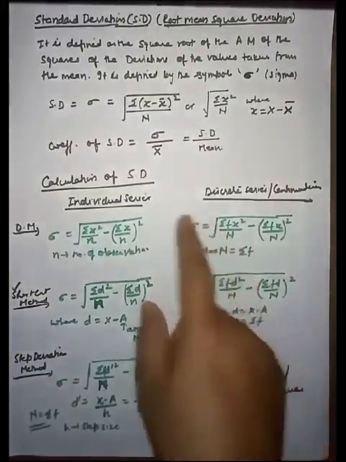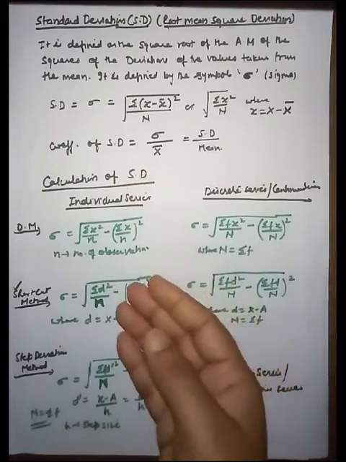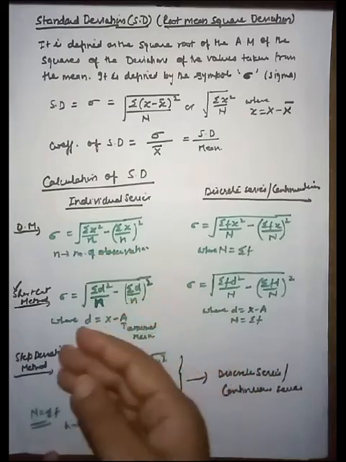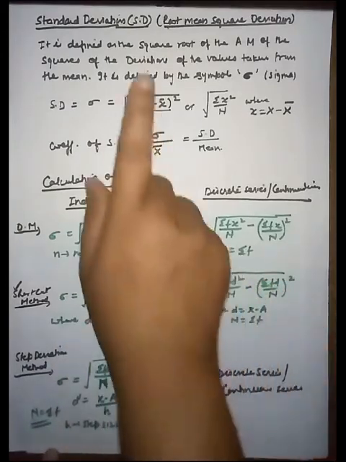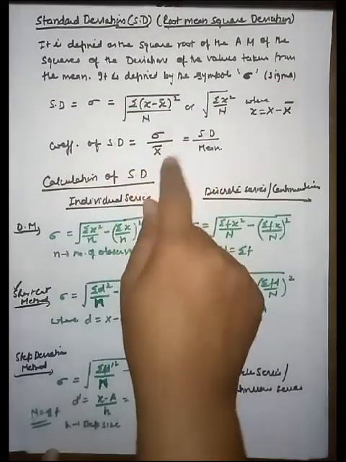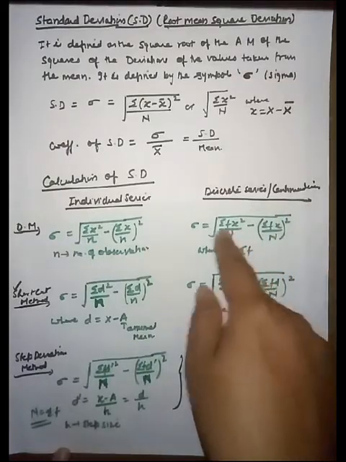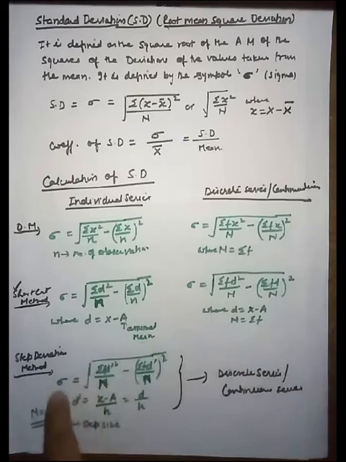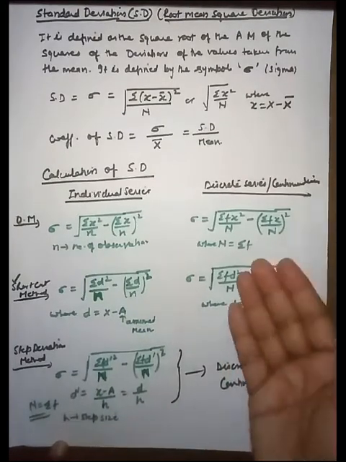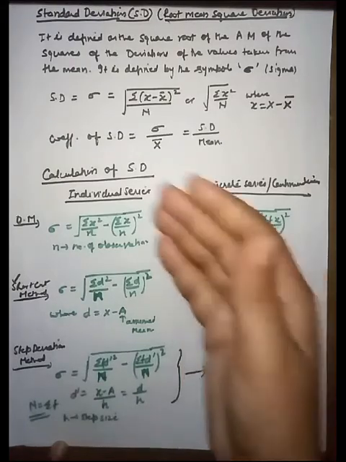So friends, for computing the standard deviation, if the given series is an individual series, you use the direct method or the shortcut method. If a discrete or continuous series is given, you have three methods: direct method, shortcut method, and step deviation method. It depends on your question and your choice how to find the standard deviation.